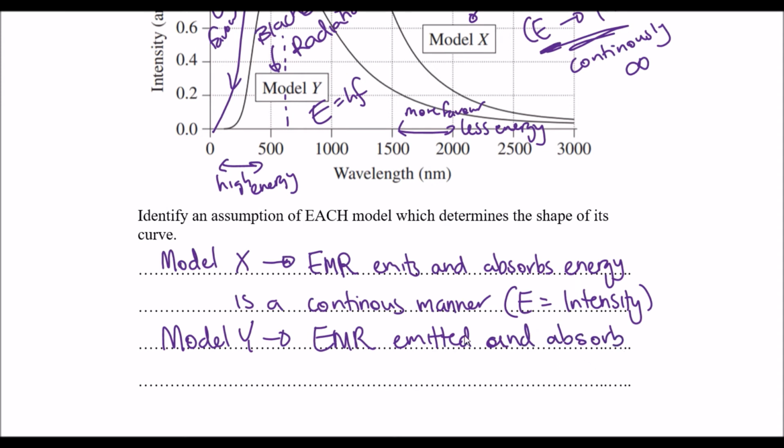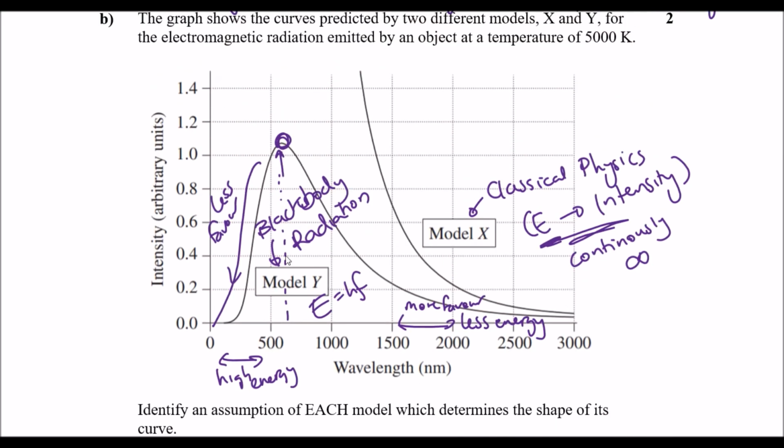So electromagnetic radiation emitted or absorbed is quantized, and they believed that energy was proportional to the frequency of that electromagnetic source. Okay, so that's how you do that question there, and that's based on our understanding of these two models here.